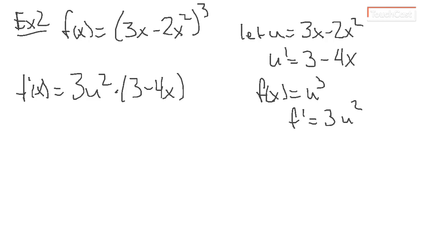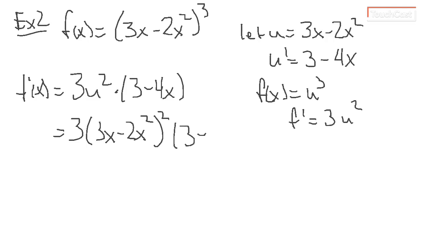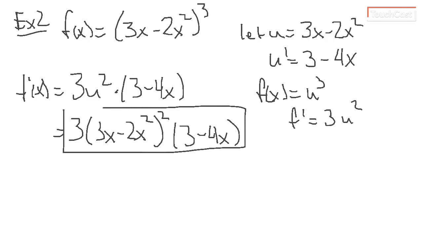Now we're going to replace u with what we know u is equal to. So we're going to have 3 times the quantity 3x minus 2x squared squared times 3 minus 4x. And that is our derivative using that general power rule.